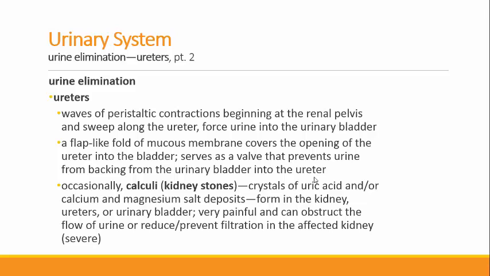So this is a small bit of protection to help prevent bladder infection, or one of the outcomes of this is that it can help prevent bladder infections from backing up the ureter into the kidney. Now, that doesn't mean it prevents it 100% of the time, but that is one aid to that prevention.